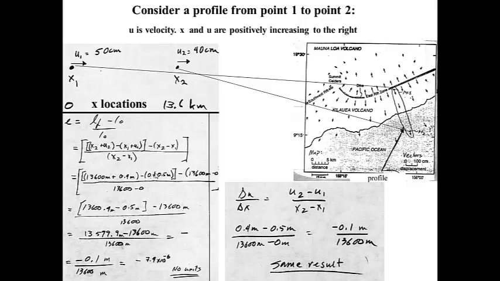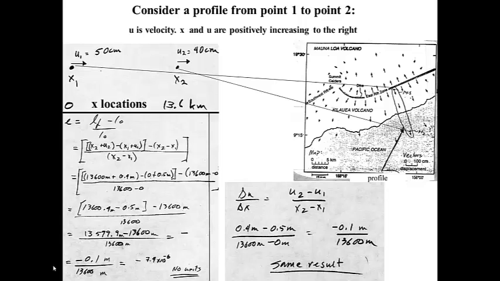So that would give us the final length. And then the original length is just 13,600 minus 0. So we keep going through the math, simplifying, and we find that the final length is 13,599.9 meters. So it's 10 centimeters shorter than it was before the inflation.